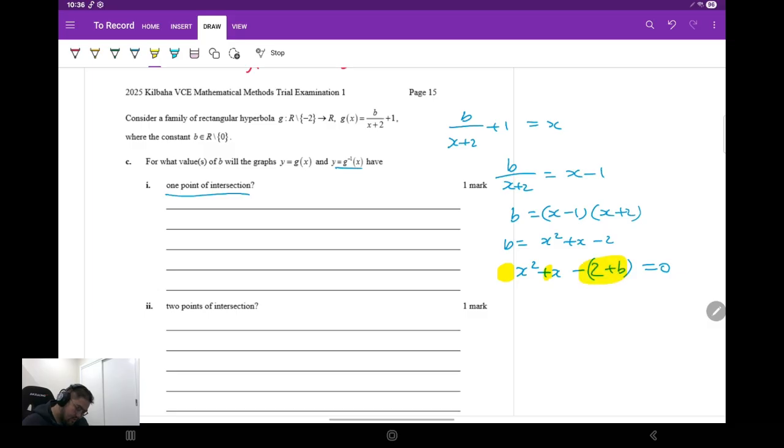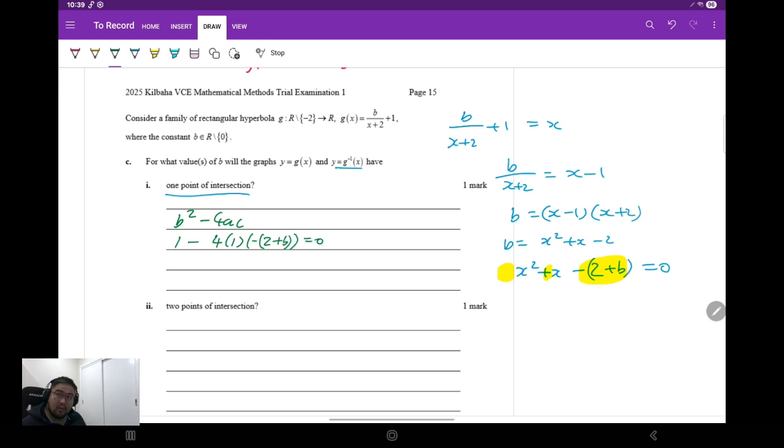So we're going to look at the discriminant, and we want 1 point of intersection, so we find out where it equals 0. So b squared minus 4ac is 1 minus 4 brackets 1 brackets, in this case, minus 2 plus b, equals 0.